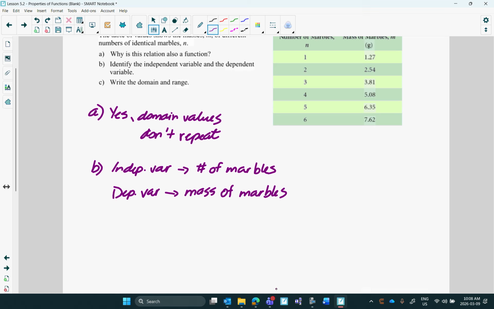Then finally, the domain and range. Well, domain, open braces, and just list all the numbers you see in the domain or the first column: 1, 2, 3, 4, 5, 6.